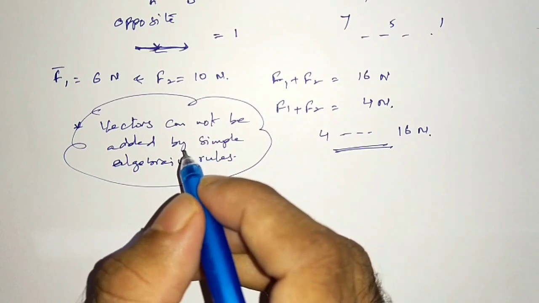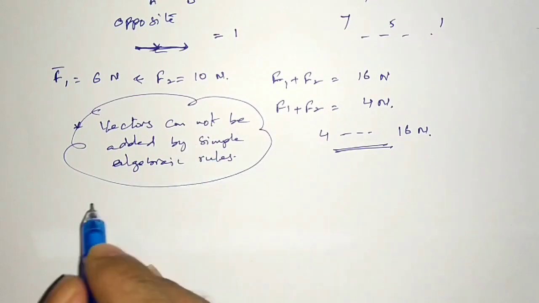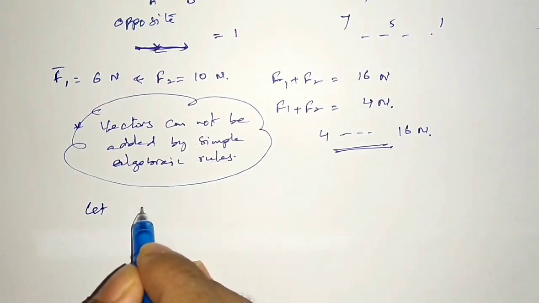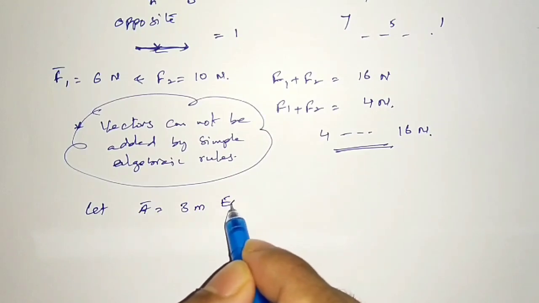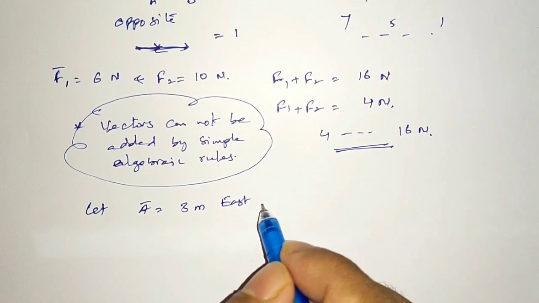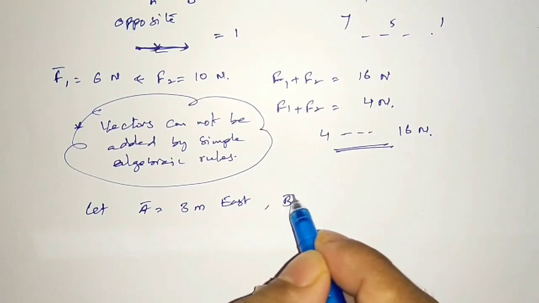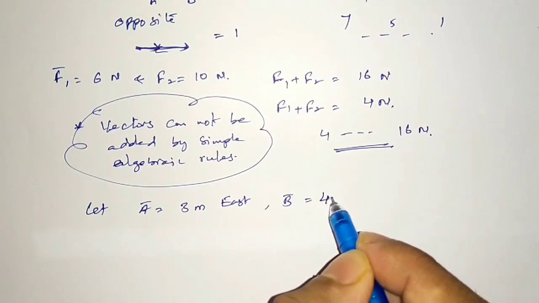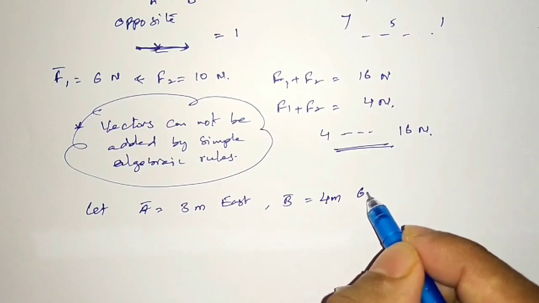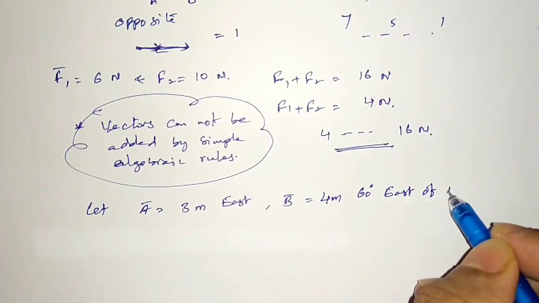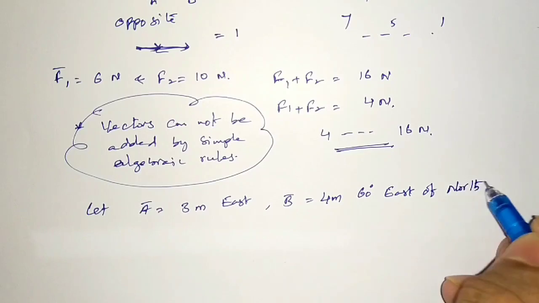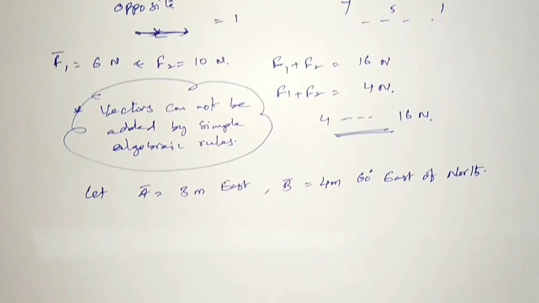Take two vectors. Let there be a vector A that is 3 meters in magnitude and direction is east, and another vector B is 4 meters and its direction is 60 degrees east of north. Right? Now let me draw the vectors.